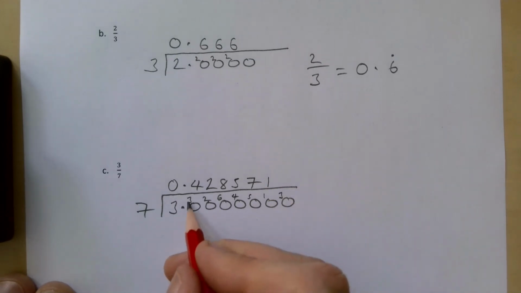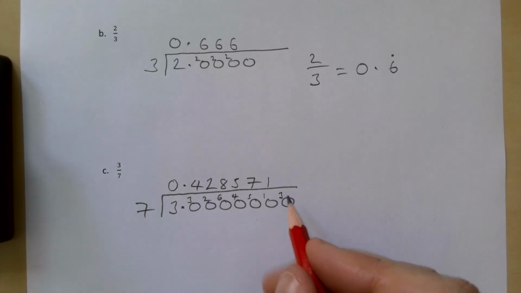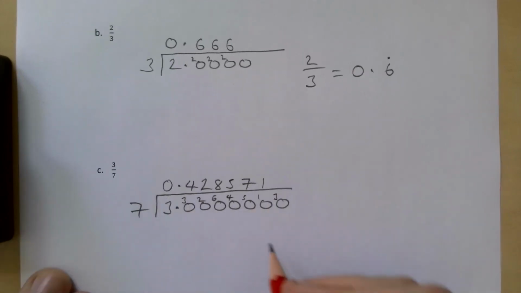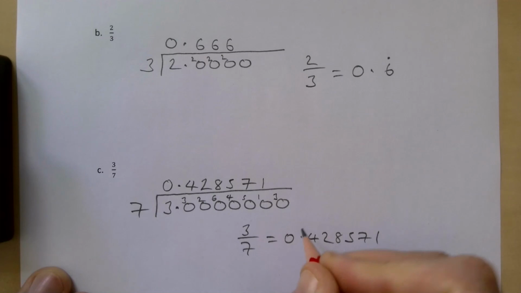You can see we've got our 3 here and our 3 here, so it's just going to start repeating itself again. We'll be back to 4, and so our number 3/7 is 0.428571 recurring.